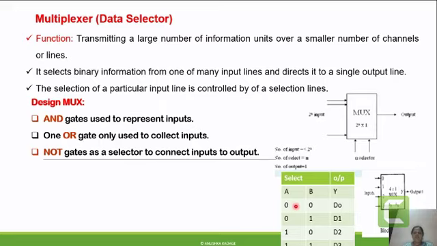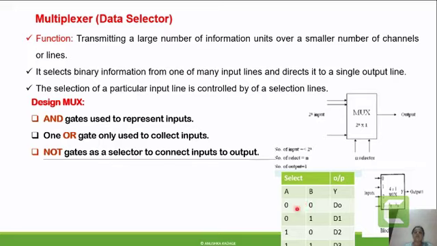As two select lines exist, here we have to provide 4 input combinations for the select lines, varying from 00 to 11, and corresponding to each input combination of the select lines, one of the 4 input lines will be presented at the output.